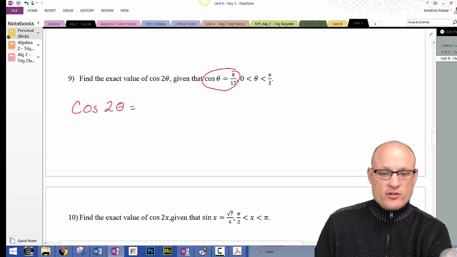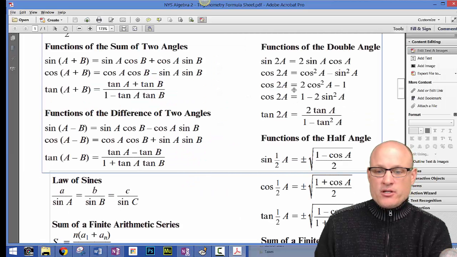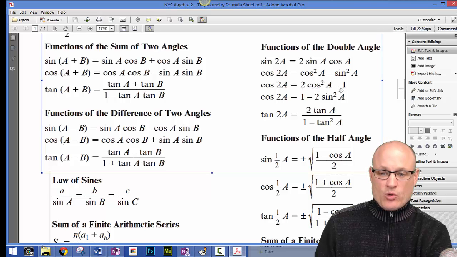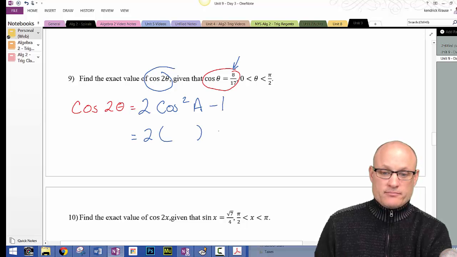So let me go back to question number 9. The formula for using cosine of 2 theta when I'm given cosine is, notice I want to use this formula right here. I want to use 2 cosine squared a minus 1. That's the formula I want to use. 2 cosine squared A minus 1. So I just pop them in. Boom, bam, squared minus 1. I was given it's 8 over 17.